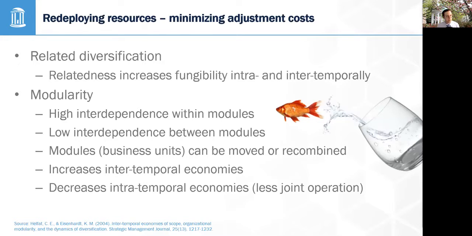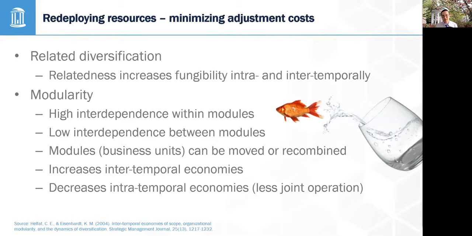A key point to highlight here is that this fungibility is a nature of the resource, and that is separate from whether or not a synergy is actually being created. So you might have two business units that could be creating a 4C synergy based on sharing a resource between them. And that fungibility exists whether or not they're actually creating that synergy. So if there's a question about the fungibility of the resource, that could exist even if they're not creating the synergy.